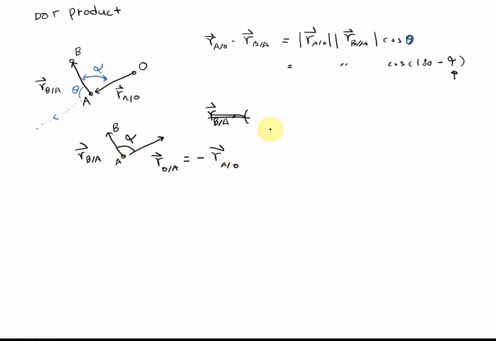So I'm just using the negative, so negative R_A/O dot product R_B/A. In this case, you can just use the magnitudes, and this is cosine alpha.